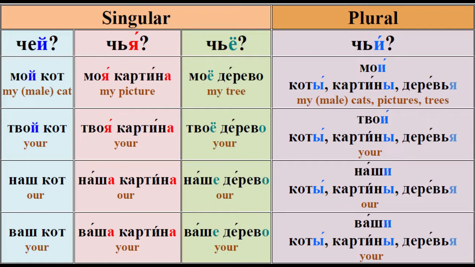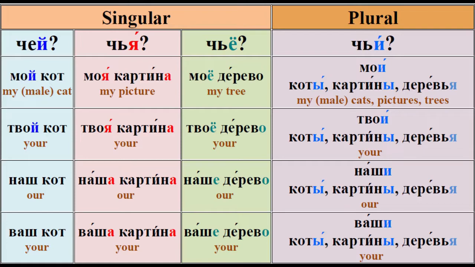There are 4 forms of the possessive pronoun our. If the noun is masculine, we will say наш кот. If the noun is feminine, then our will sound like наша. Наша картина.